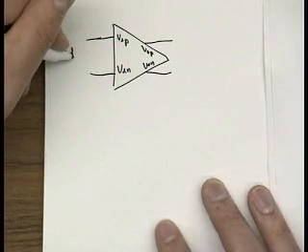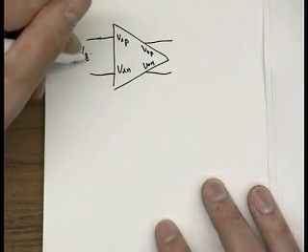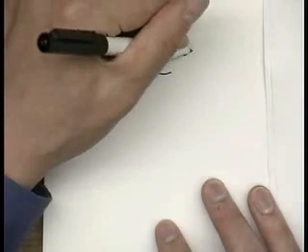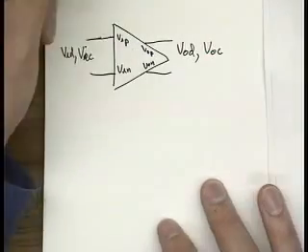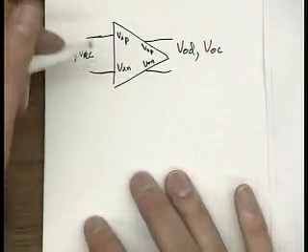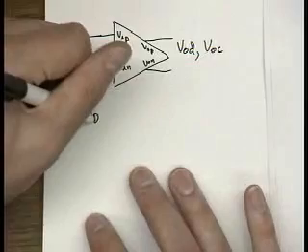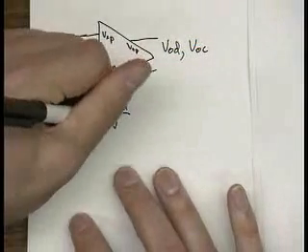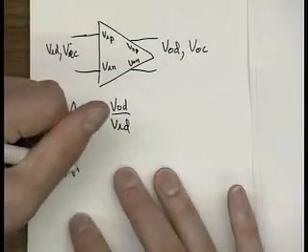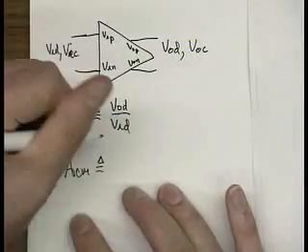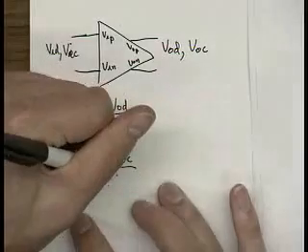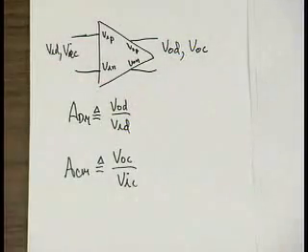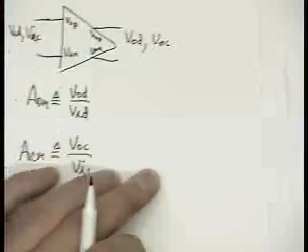And so there's an input common mode and an input differential mode, and an output differential mode and an output common mode. Okay? For this block, as Bob mentioned, the differential mode gain is defined as VOD over VID. And the common mode gain is defined as VOC over VIC. Okay? That's not what we're actually dealing with.